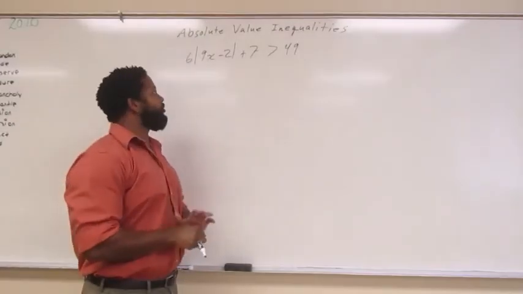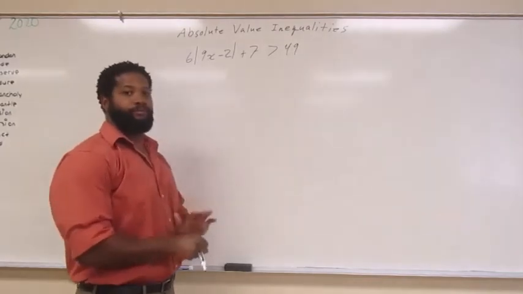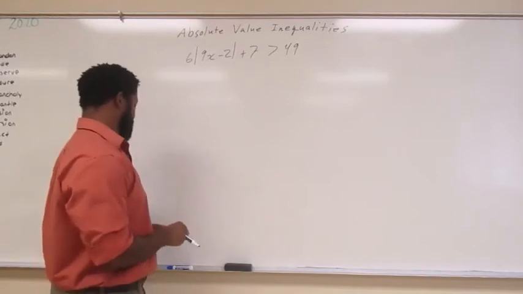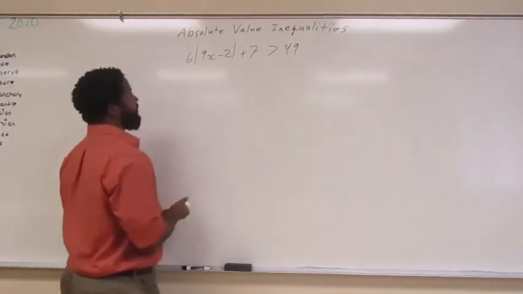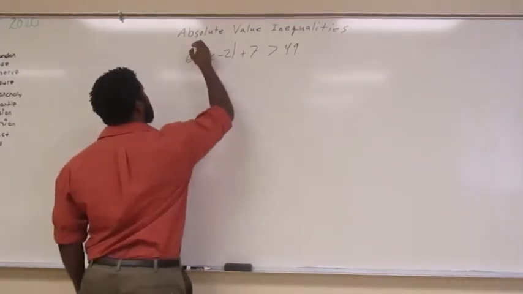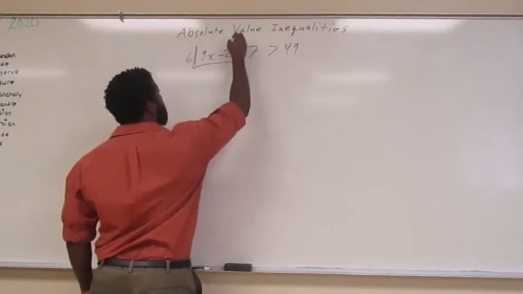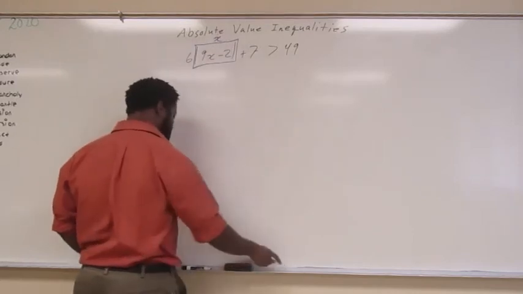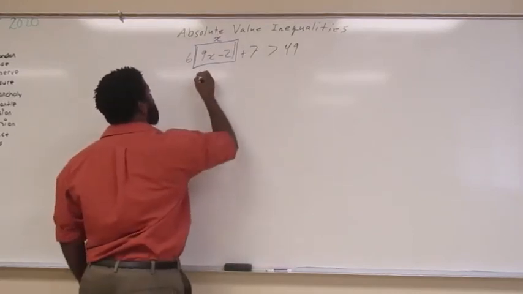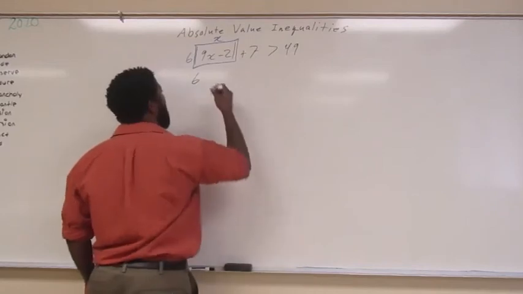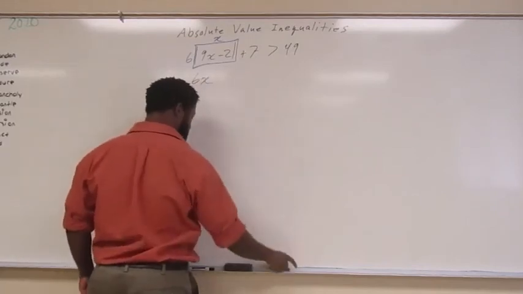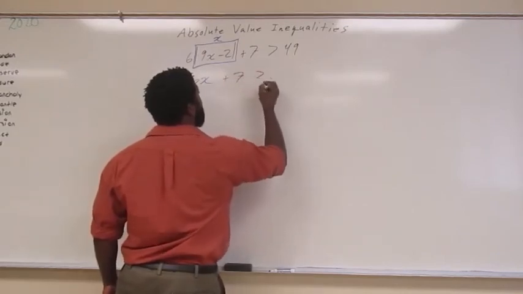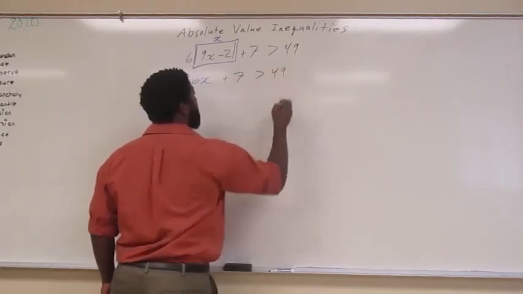What must we do? Must get rid of everything on the outside of the variable. Good job. Let's put this absolute value in a box for right now and make it a variable, right? That way, we'll have 6x plus 7 is greater than 49, right?